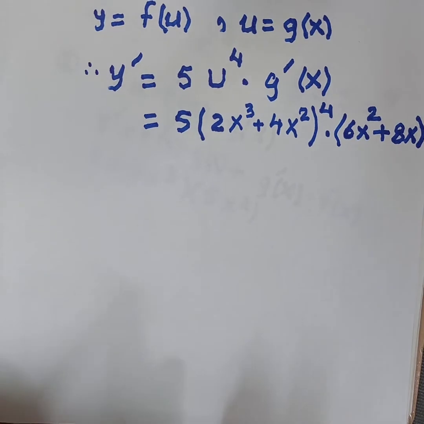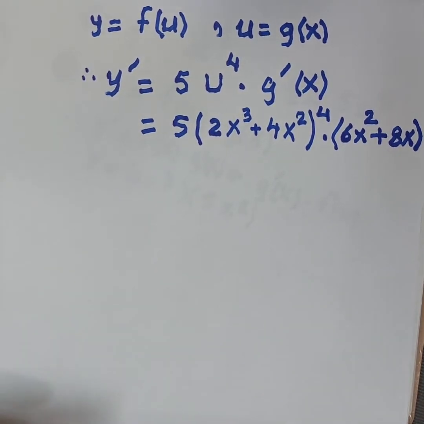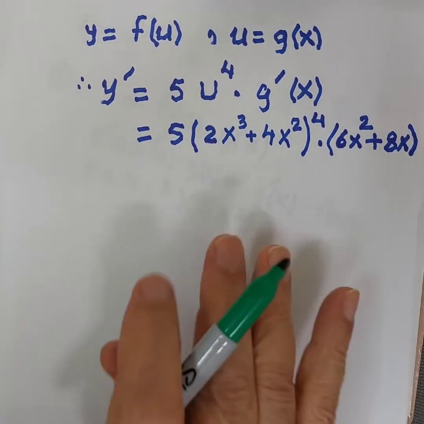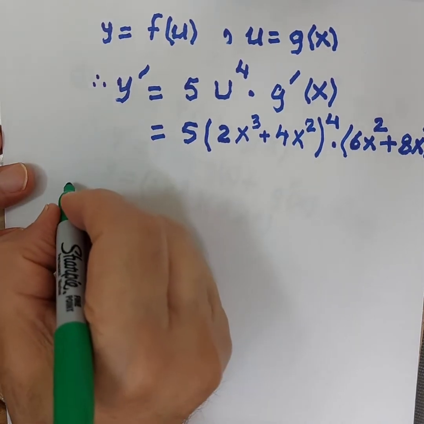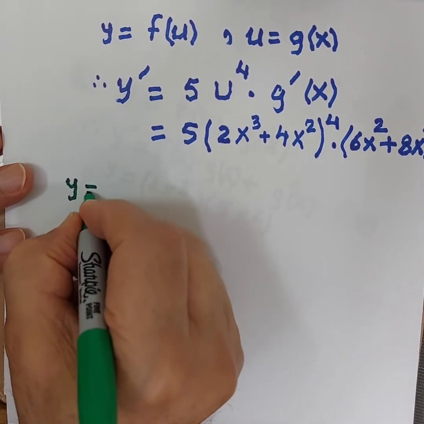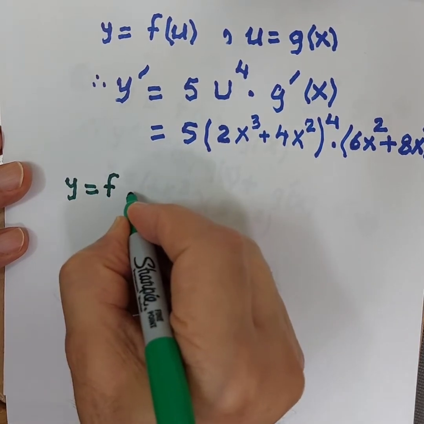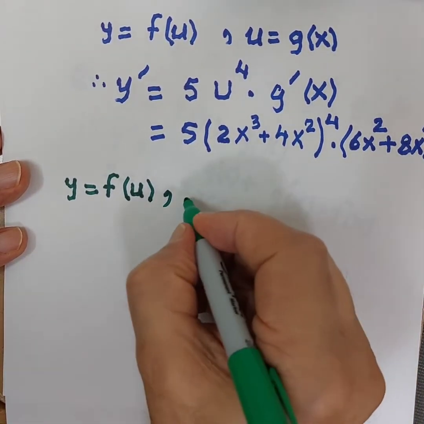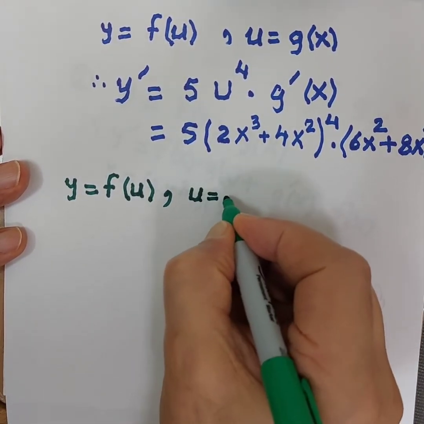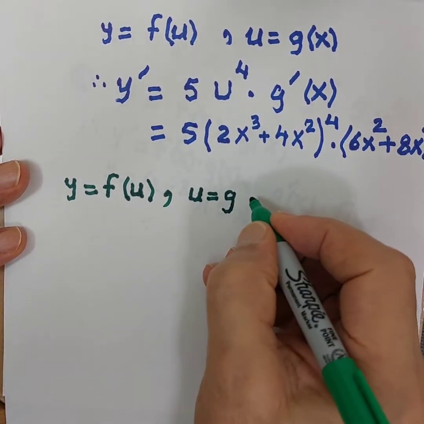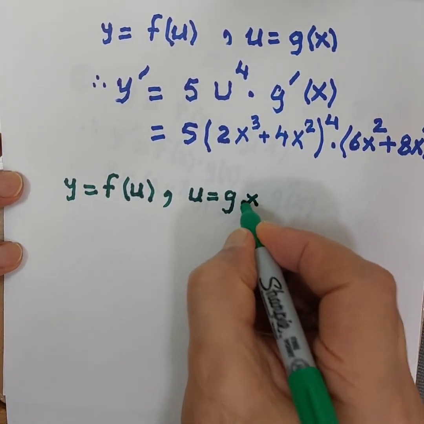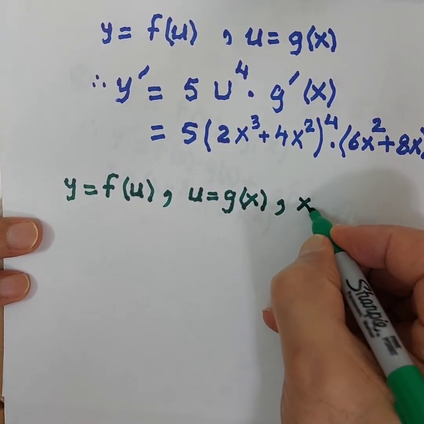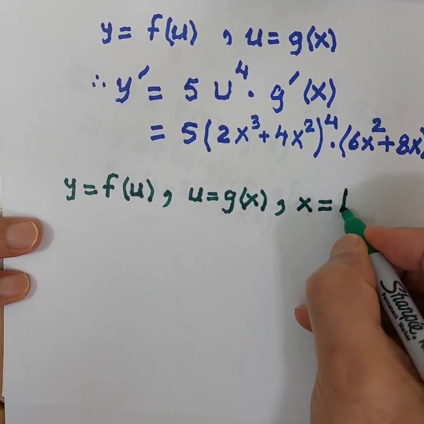If we have a function like this, let me write for you a function with 3 variables, like y is a function of u, and u is a function of x, and x also is a function of, let me say, t.